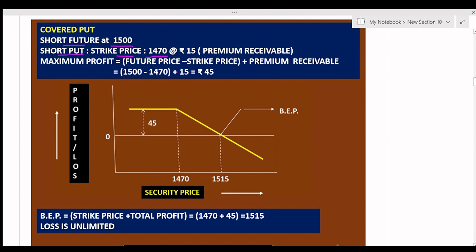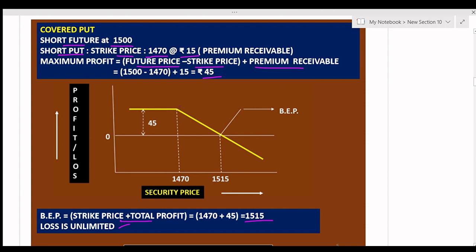Premium receivable is rupees 50. Maximum profit is future price minus strike price plus premium receipt, which is equal to rupees 45. Break-even point is strike price plus total profit, which is 1550, and the loss is unlimited.